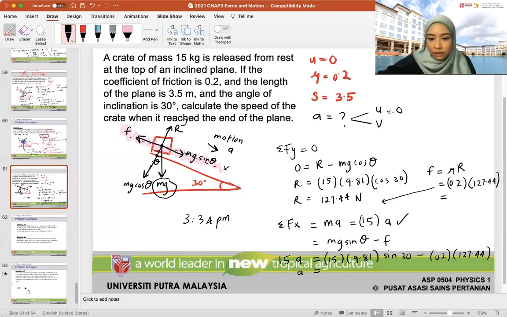So A would be, Amirul tak ada calculator, so I hope everyone else can help. So what's the answer? Afifah, Feli dan Patricia cakap 3.21. Okay, so A is 3.21. The unit should be meter per second squared.